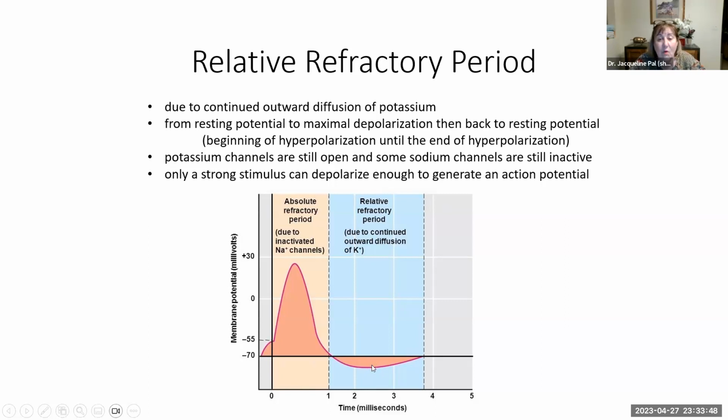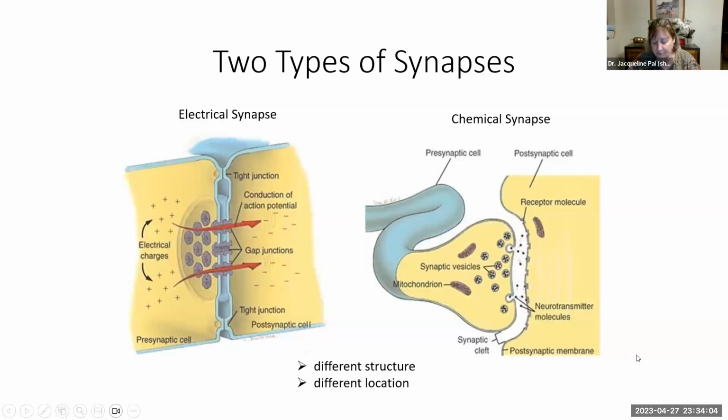So at this point you would need a stimulus twice as strong in order to generate the action potential. But if it came along, you would have an action potential there. And that's why it's called the relative refractory period.